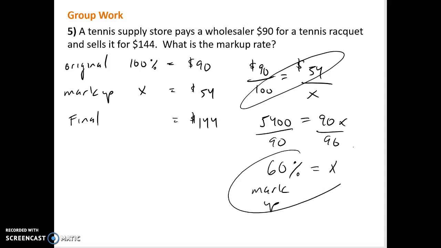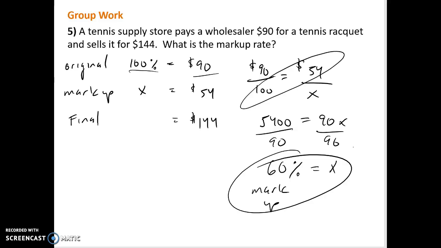All right. So the key to these questions is really making a list or drawing a picture. Find or fill in as much information as possible. Right, so we always know that the original price is 100%. The question told us it was 90.